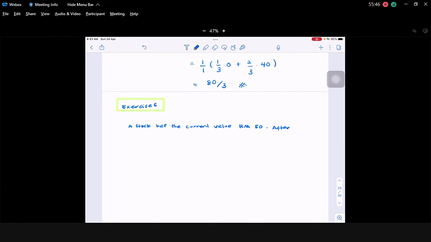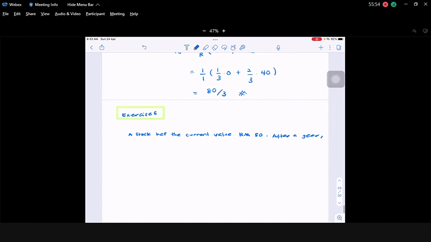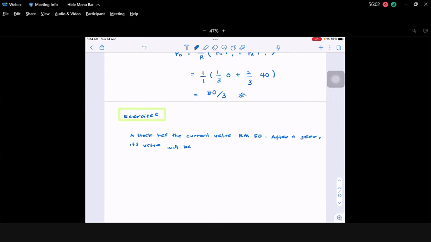After a year, one period, its value will be either RM55 or RM40.